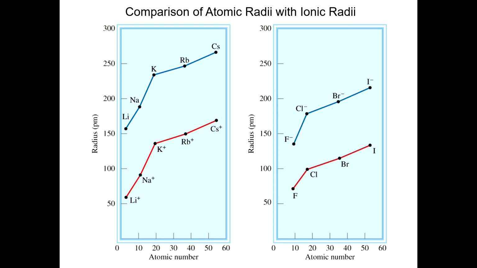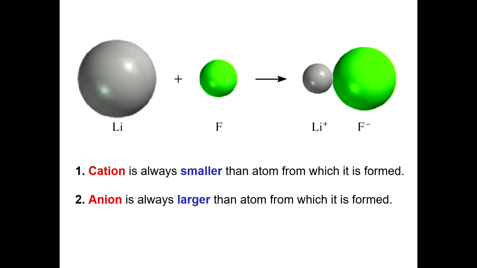The radius is this, but when it gains an electron, it's big. So here we can see the metal cations are smaller than their neutral atoms. For anions, they are larger than their neutral atoms. Okay.